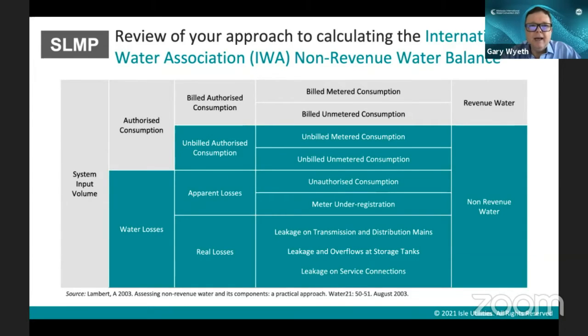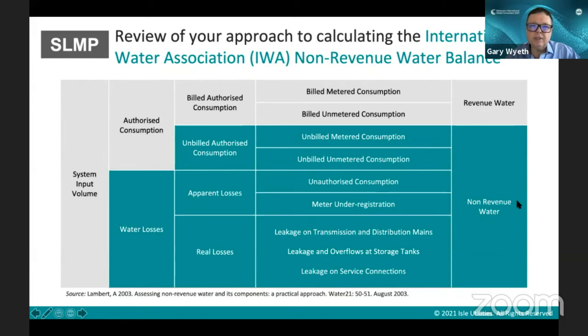And what the non-revenue water balance is doing is taking your system input, which you can see on the left. You've then got your billing, and it takes that off and works out what your non-revenue water is in terms of a volume.